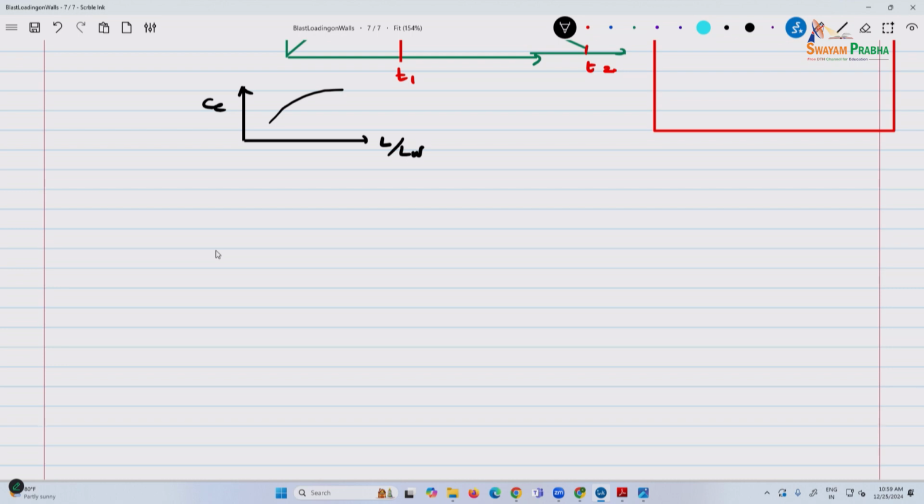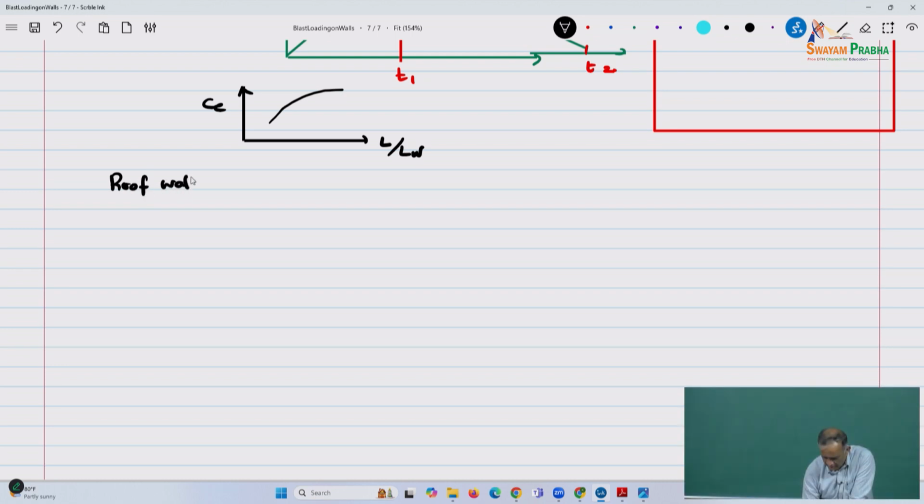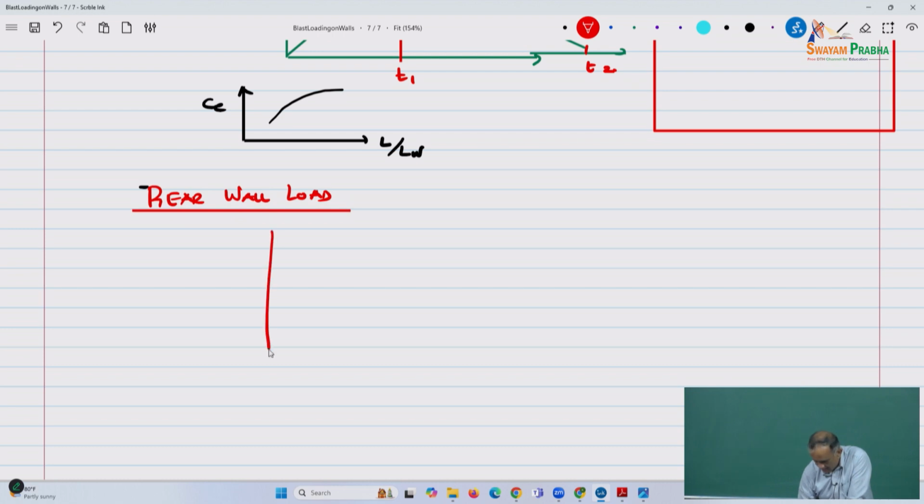And then finally, the rear wall, not roof, the back wall. So the rear wall load is similar.